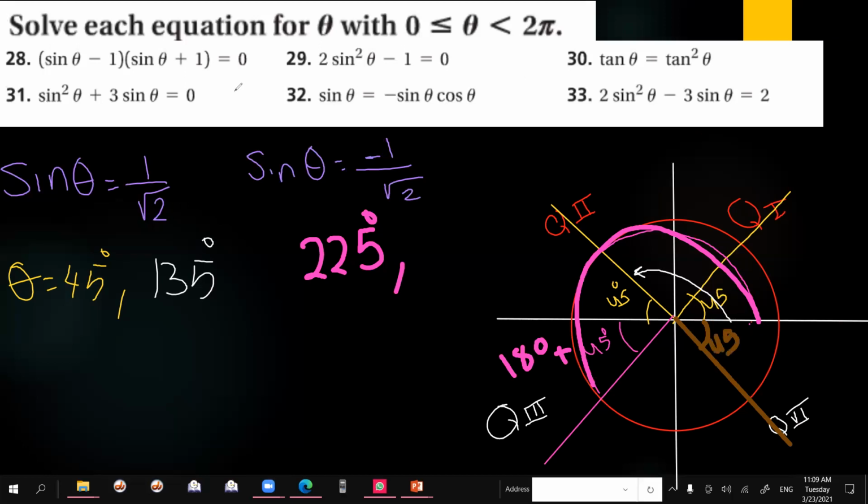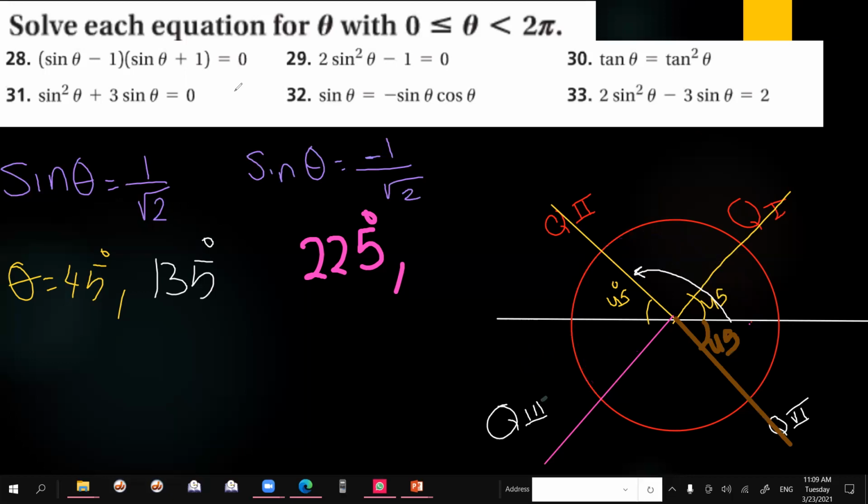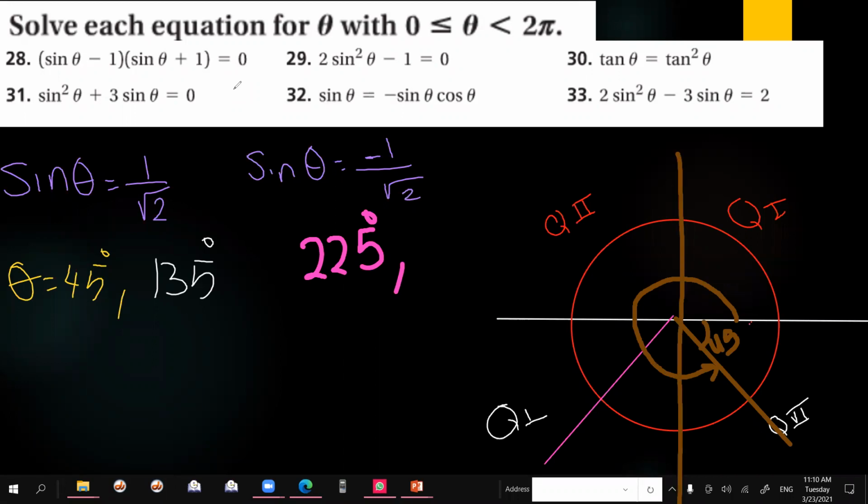But I need to find its angle starting from the positive x-axis counterclockwise to reach this angle, which is 270 plus 45, which is 315.